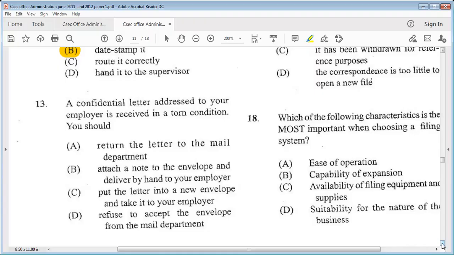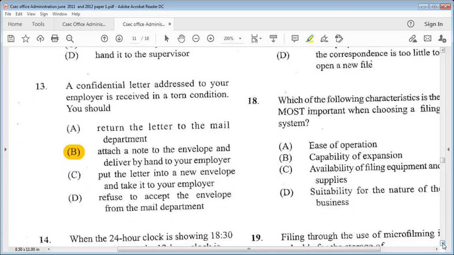Which would be your answer? It would be attach a note to the envelope and deliver by hand to your employer. B. Let's go on to number 14.